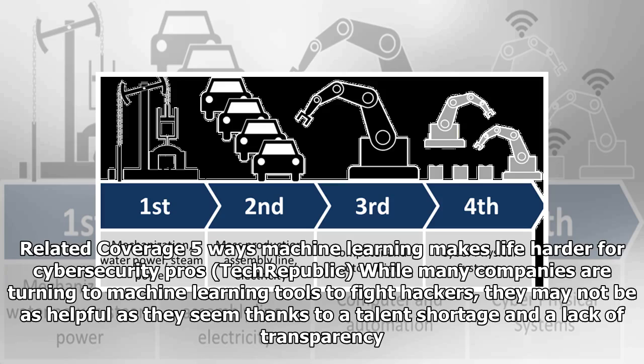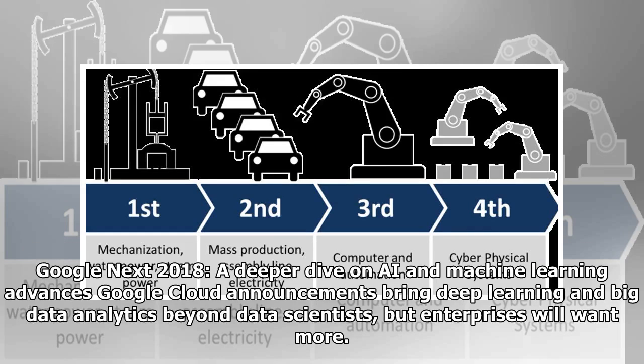Related coverage: 5 ways machine learning makes life harder for cybersecurity pros. Tech Republic. While many companies are turning to machine learning tools to fight hackers, they may not be as helpful as they seem thanks to a talent shortage and a lack of transparency. Google Next 2018, a deeper dive on AI and machine learning advances. Google Cloud announcements bring deep learning and big data analytics beyond data scientists, but enterprises will want more.